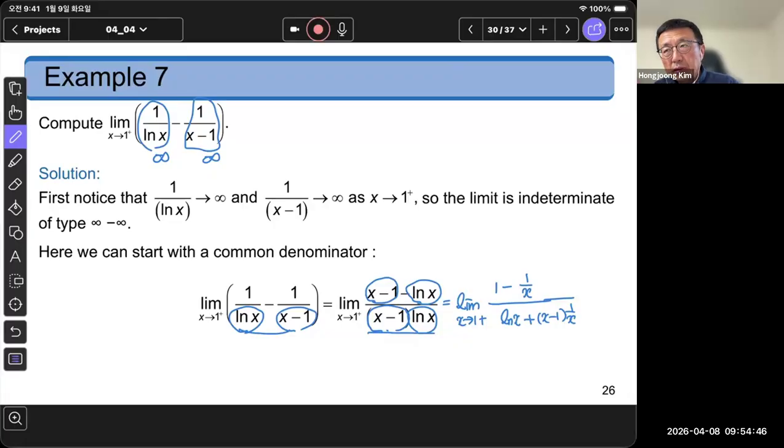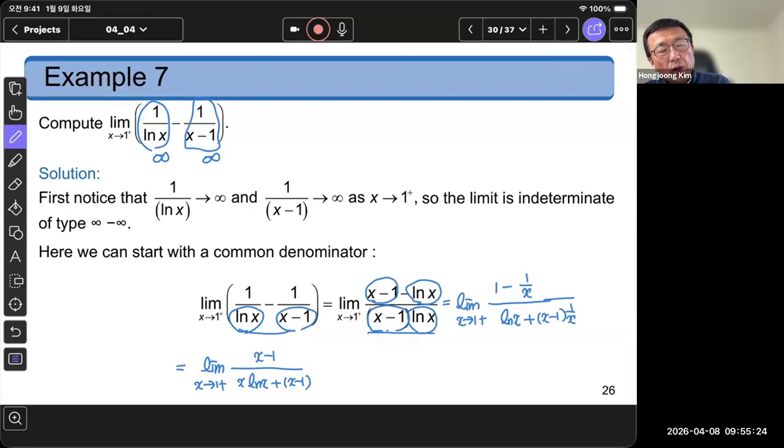Now, if I multiply x to the numerator and denominator for simplicity, you get the limit of x minus 1 in the numerator and x times log x plus x minus 1 in the denominator, and then you let x approach 1 from the right.